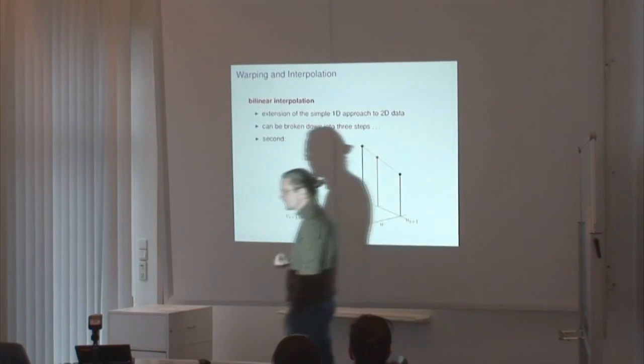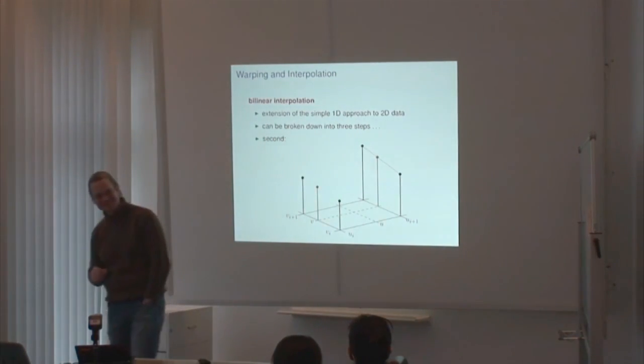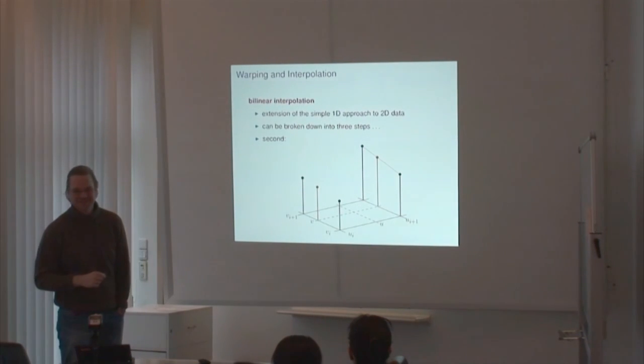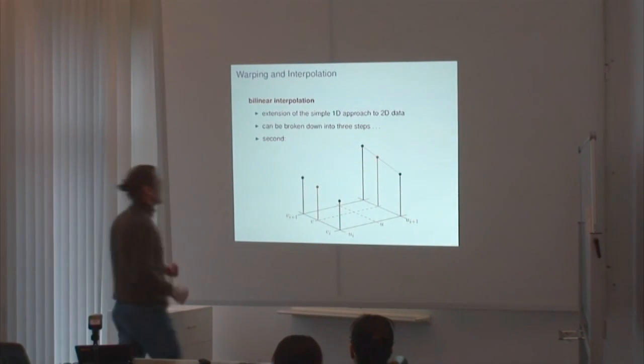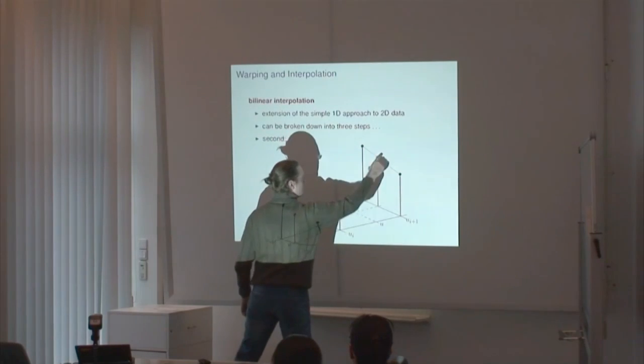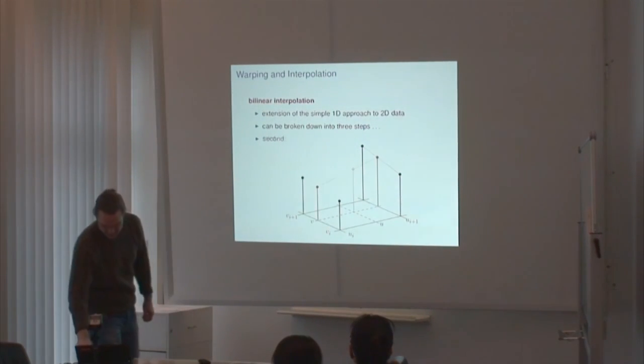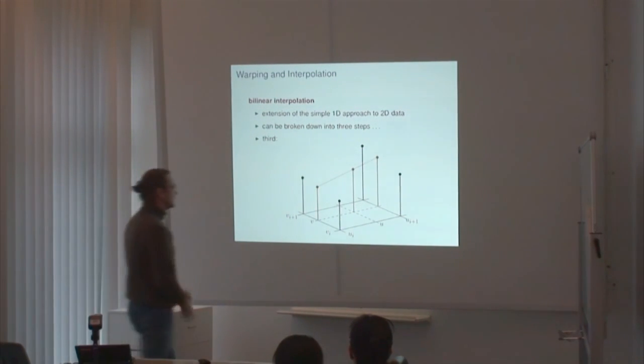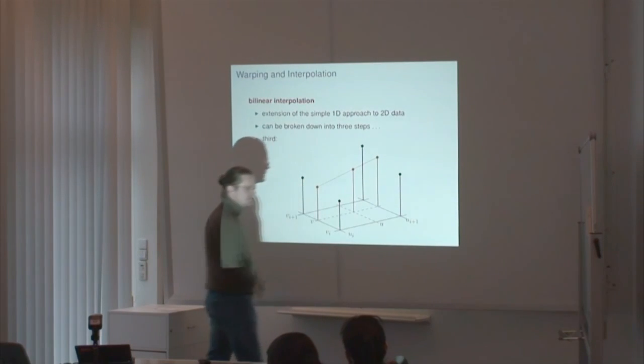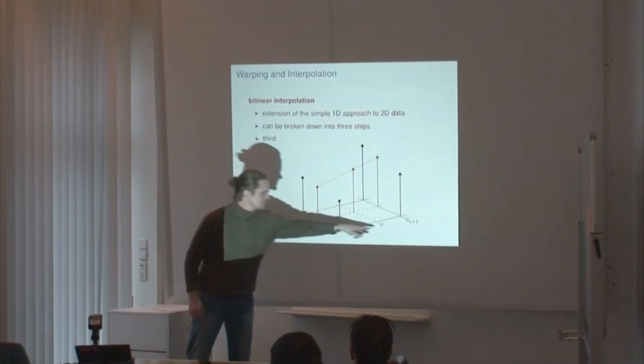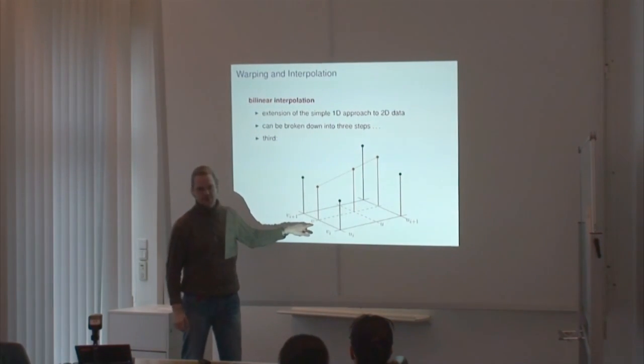Right. How would we continue? Exactly. Next thing we do is we fit a line in between here. There you go. And we can get a value at the coordinates u and v we are actually interested in.